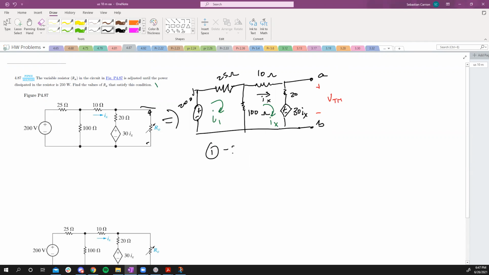So we have negative 200 plus 25 times I1 plus 100 times I1 minus IX equals 0.